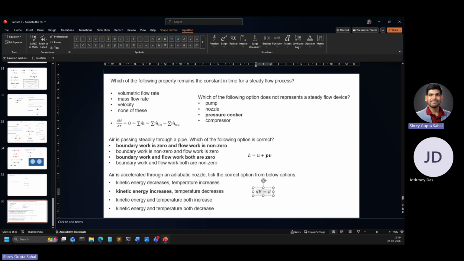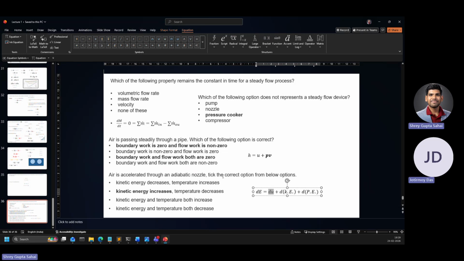So dE will be dU plus d kinetic energy plus d potential energy. What is this? This is mechanical energy, and this is thermal energy. Total energy is mechanical energy plus thermal energy, or internal energy.